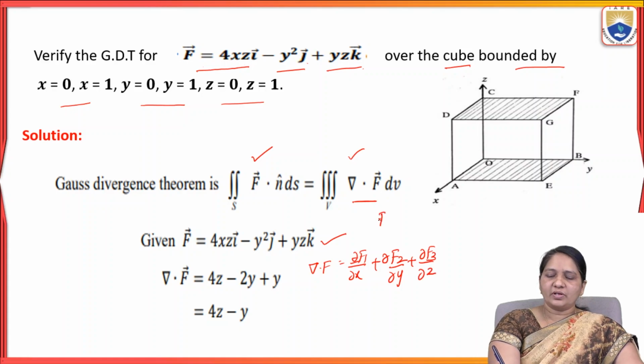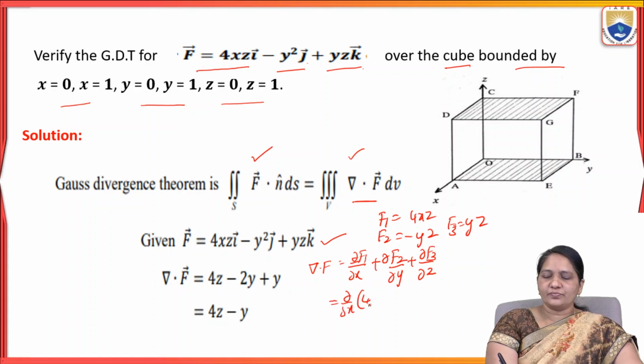What is f1 here? f1 is 4xz, f2 is minus y square, f3 is yz. So dou by dou x of f1 is 4xz, plus dou by dou y of f2 is minus y square, plus dou by dou z of f3 is yz.